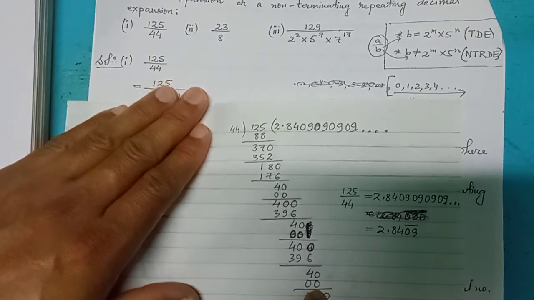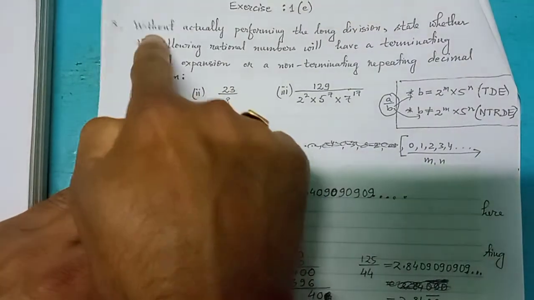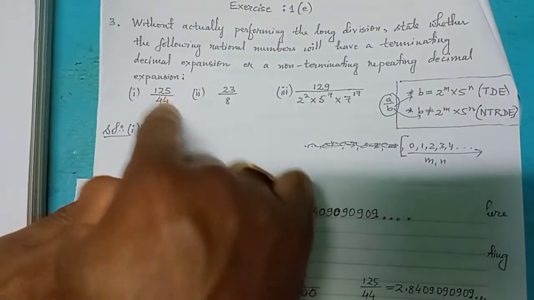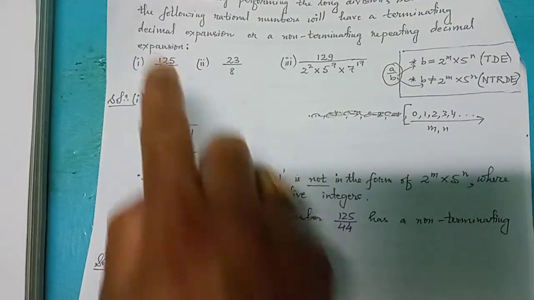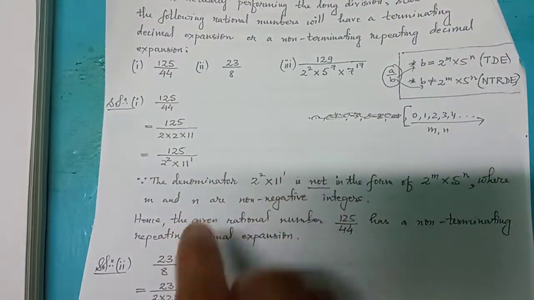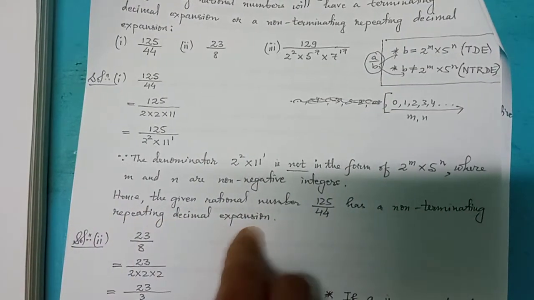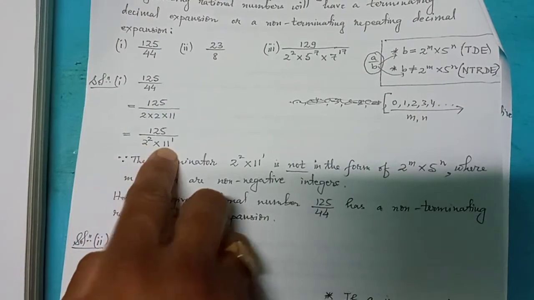The question tells us, without actually performing division, to say whether these numbers have terminating or non-terminating repeating expansions. So in number 1, without dividing, we have found that it is non-terminating and has a repeating decimal expansion, because the denominator is not in this form.